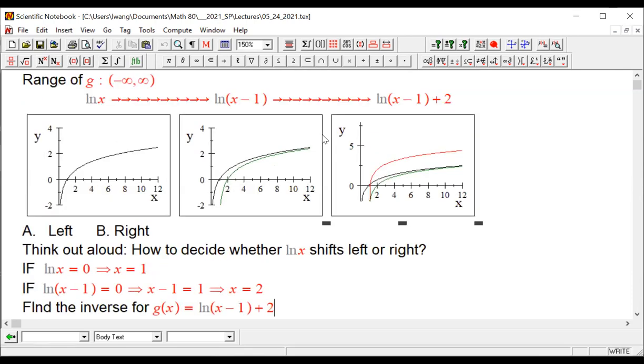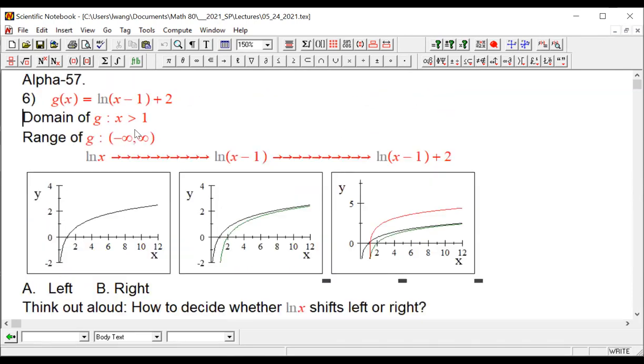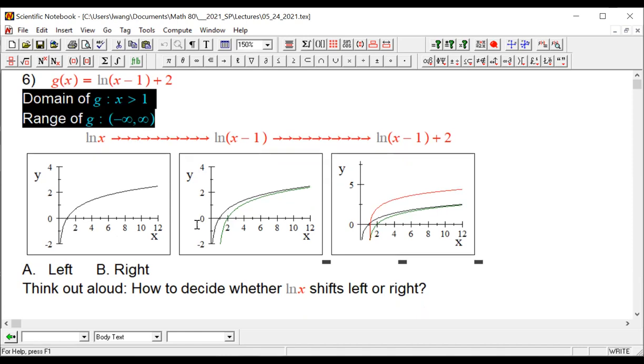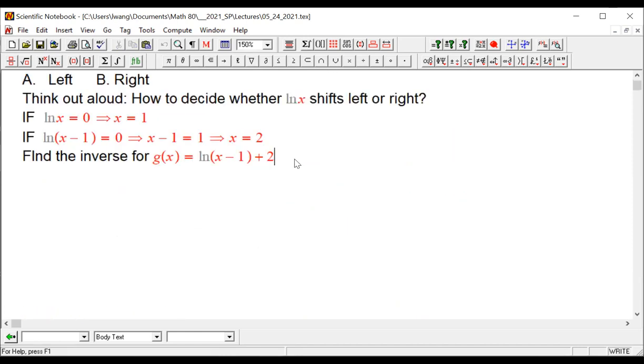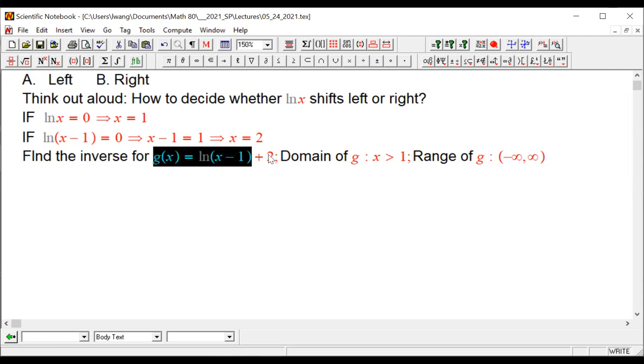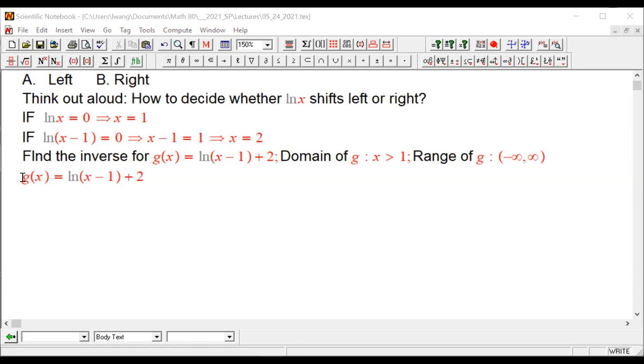So we need to be aware of the domain and range of G. Domain and range are specified. So when we try to find the G inverse, we go through the procedures.